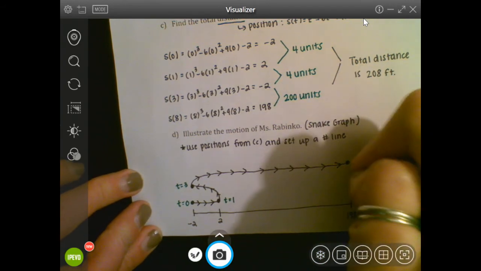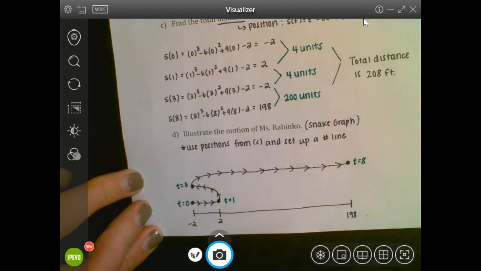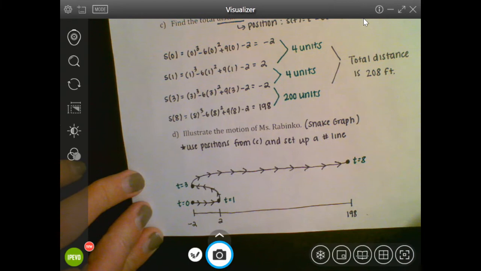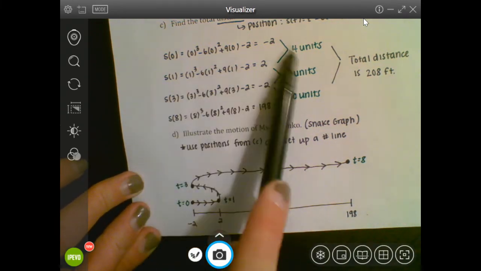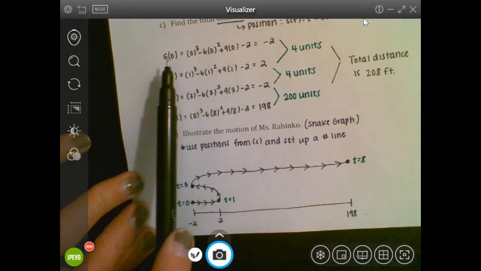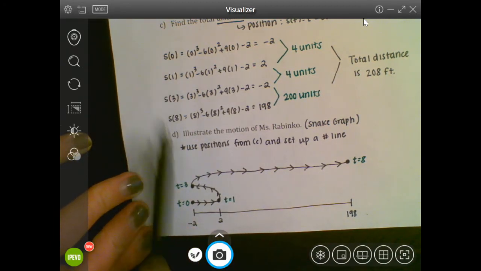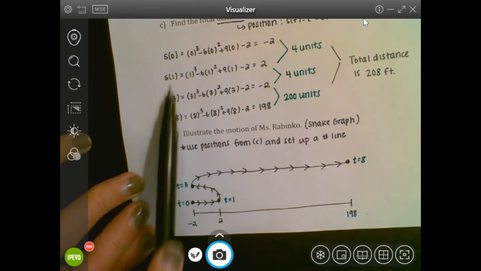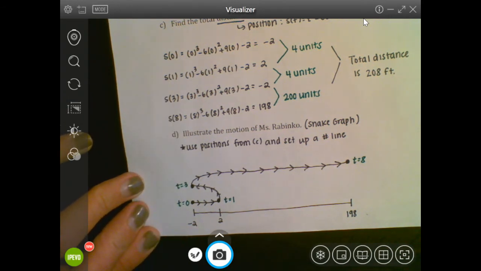And I'm ending up here at time equal to 8 seconds. So all of this information for your graph is taken from this part of your problem. You know what your positions are at the time starting, at the time ending, and at the time where your velocity is changing direction. And here's our snake graph.